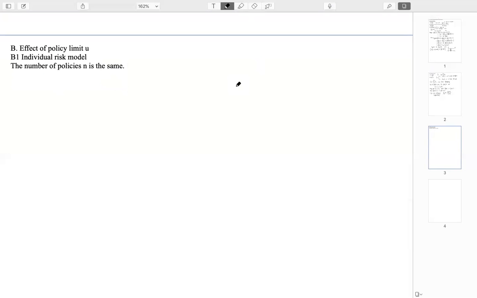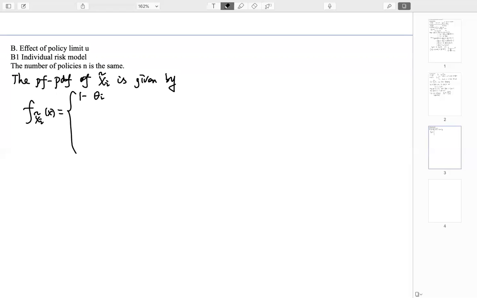So again, we use tilde. First, let me give the result: the probability density function of my new Xi tilde is given by theta I times f_Y at x for x bigger than 0, less than u.